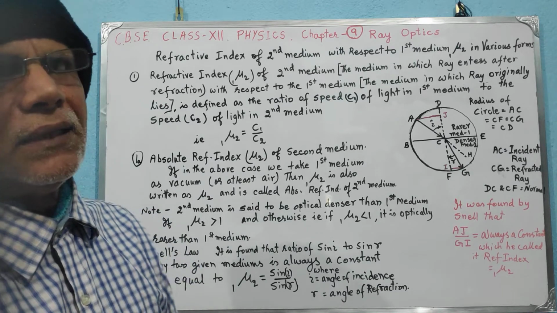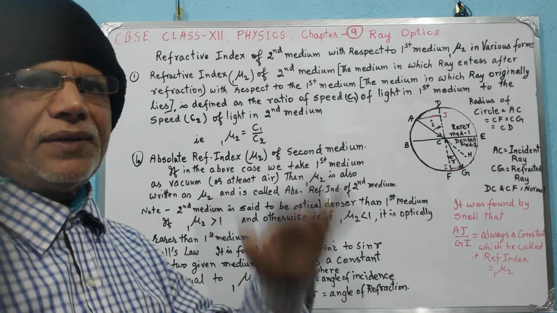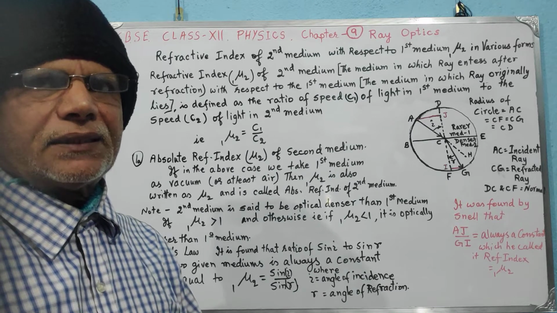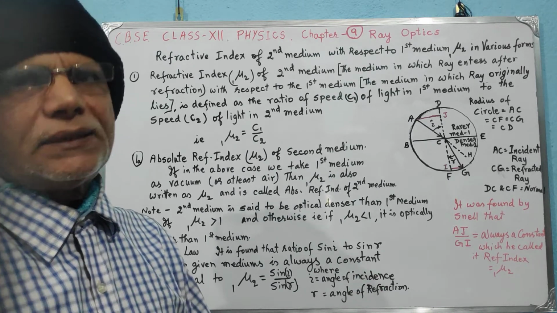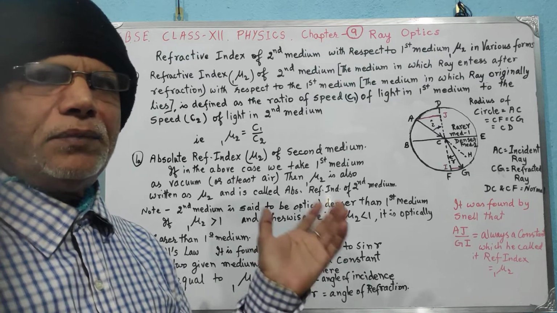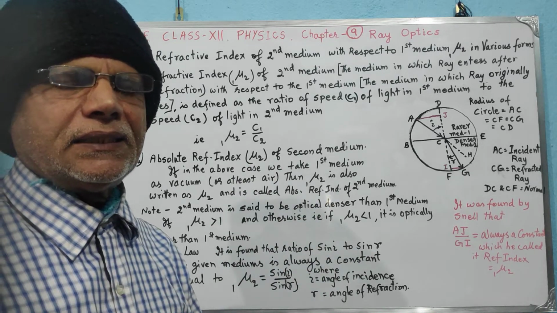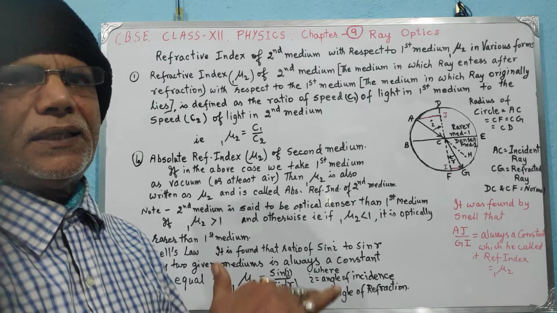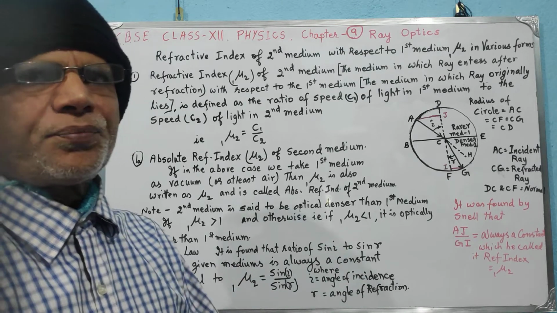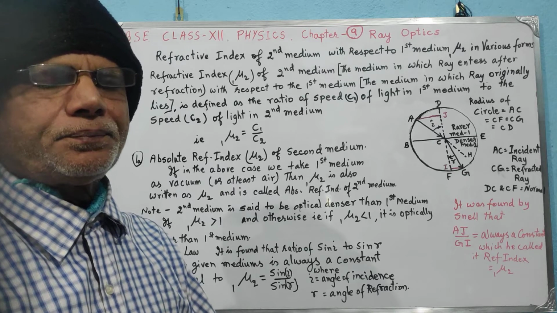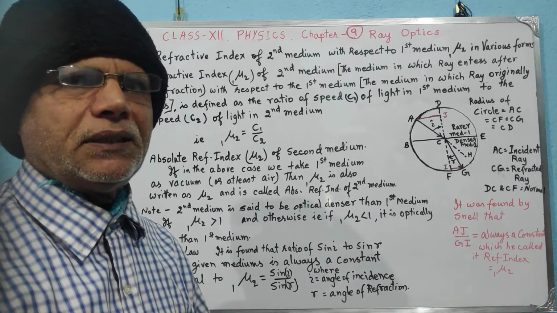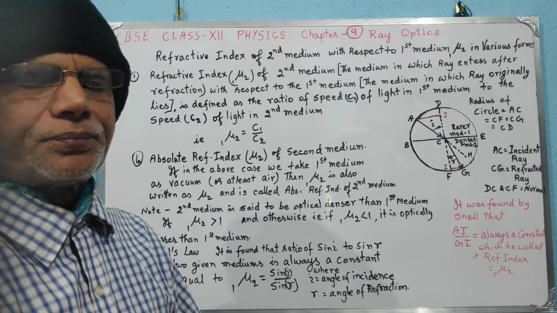The second medium is the medium in which the light ray finally reaches after refraction. And the medium from which the light is incident on the surface separating the two different mediums, we call first medium.